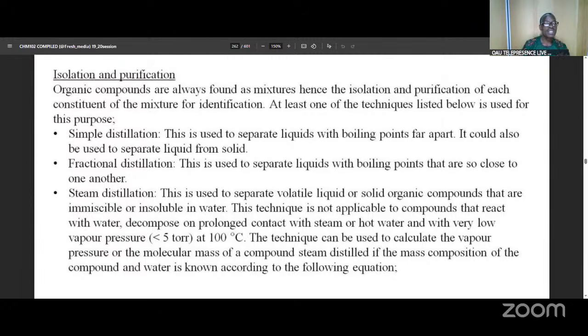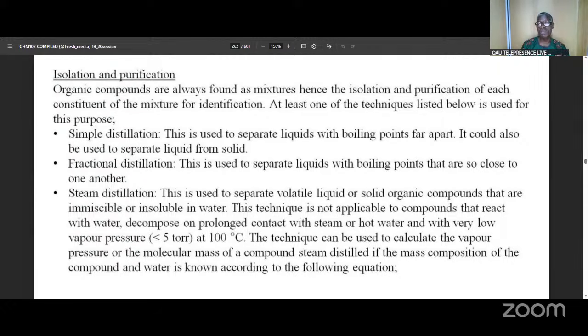At least one of the techniques listed below is used for this purpose. As you know, simple distillation, fractional distillation. You also know one you may not really be familiar with now, which is steam distillation. But let's go to simple distillation first.